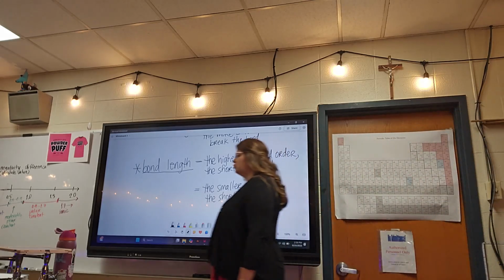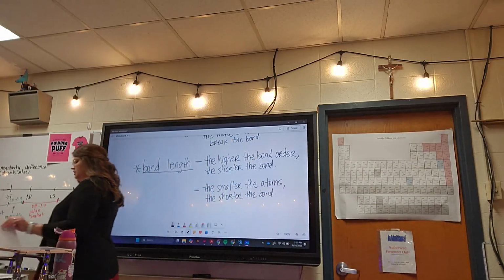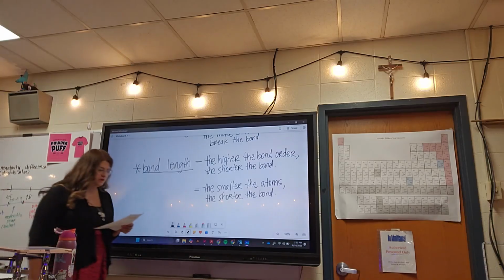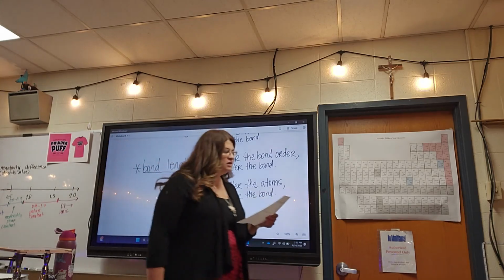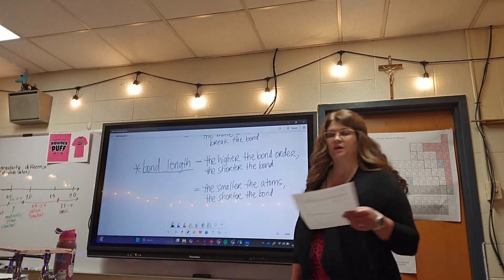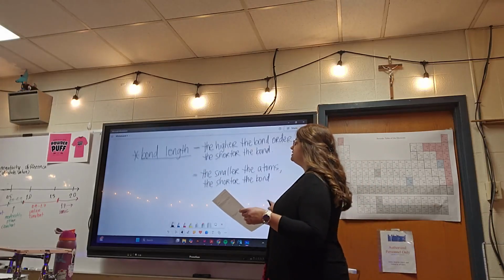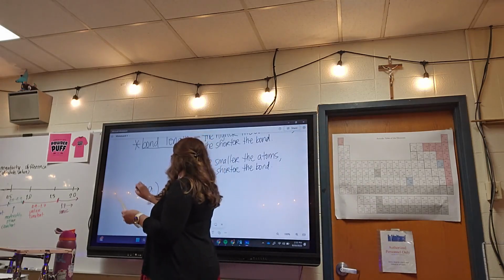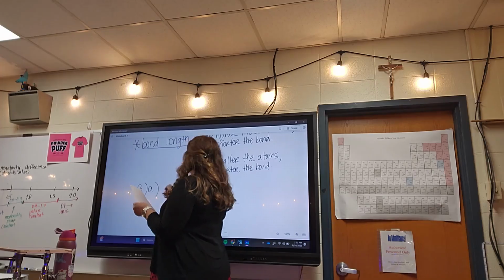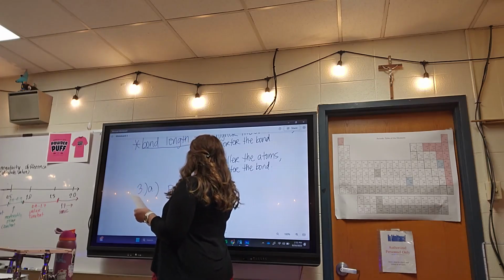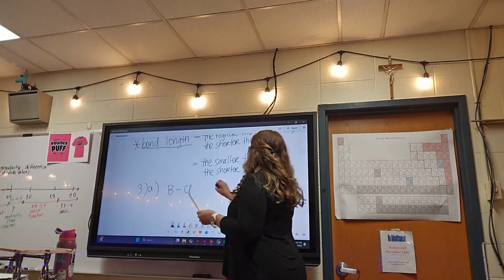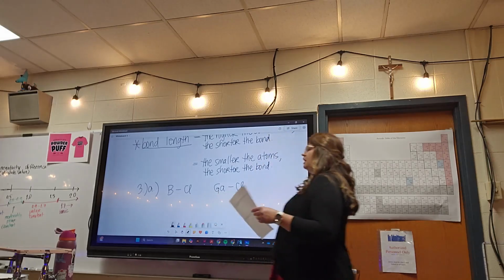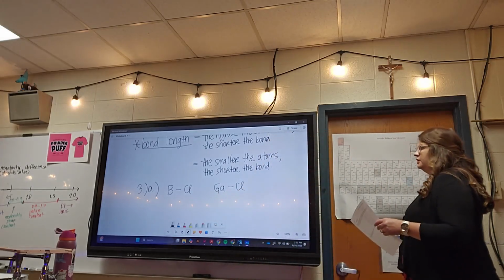All right, look at your homework and look on the second page on page 3. This question says, in each pair of bonds, circle the one that is shorter. So in all of these bonds, there's always something that stays the same. In part A, so this is number 3, part A, we're comparing the bond length between boron and chlorine and between gallium and chlorine. So chlorine is staying the same, but boron and gallium are different.